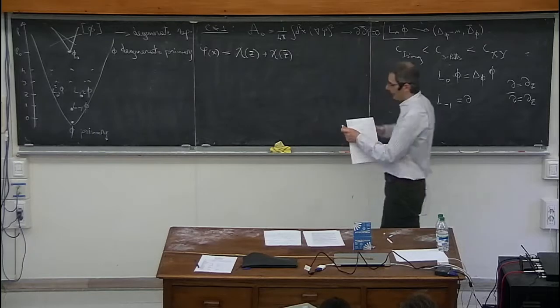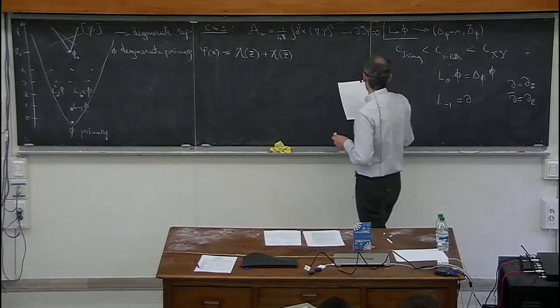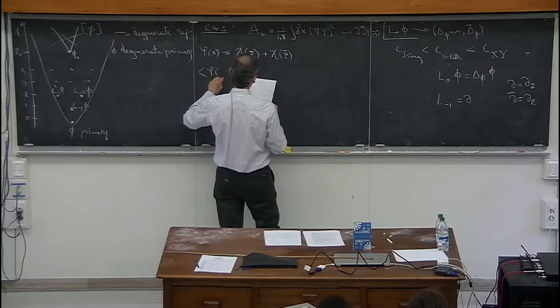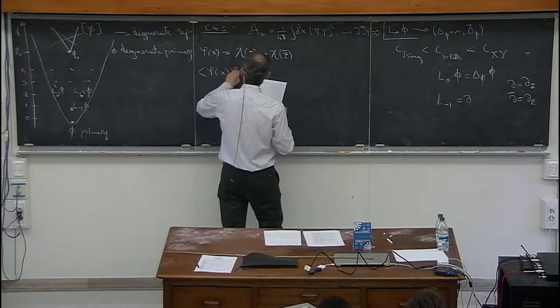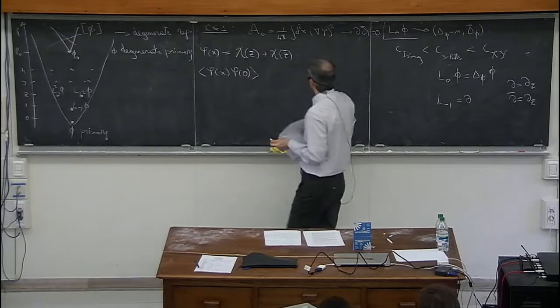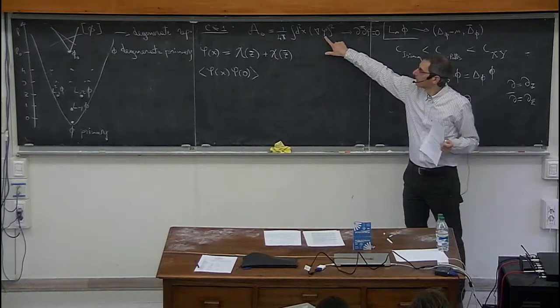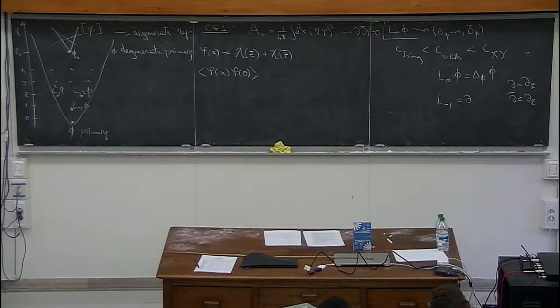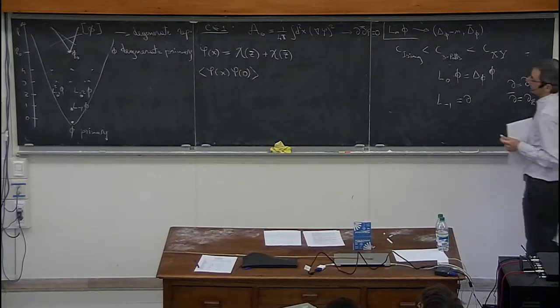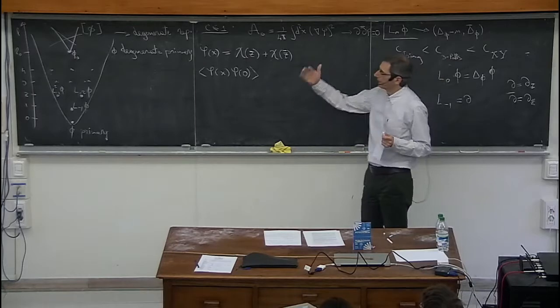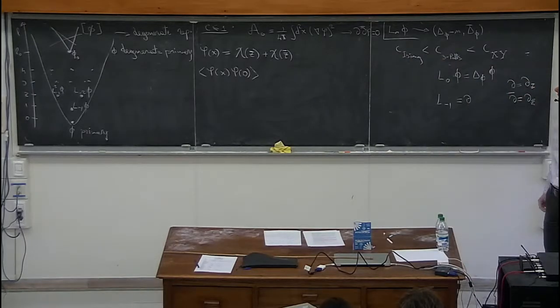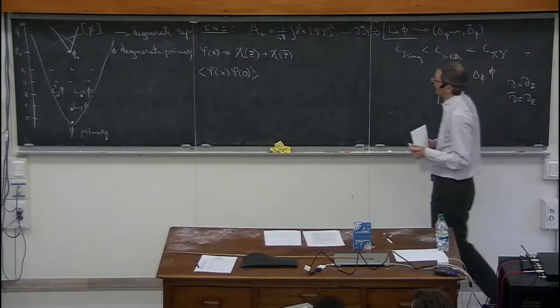So this satisfies the equation, and also everything is consistent with the fact that in the correlation function phi of x, phi of 0, you see, from here phi has dimension 0. So it's not actually a good scaling field like those we saw yesterday, which have power law correlations.